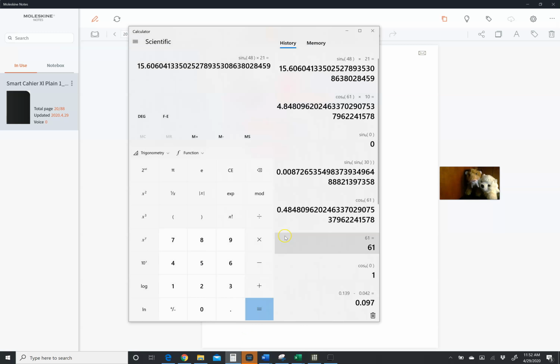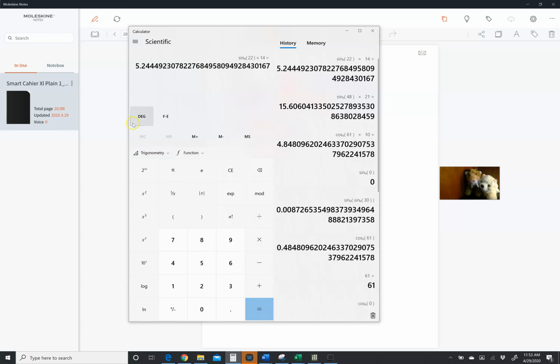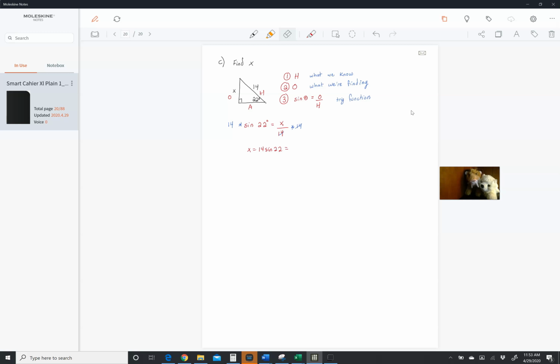And if we plug this in, I always do the sine first. It doesn't matter. It just makes it so that I know I didn't mess up any sort of parentheses. And we get 5.24. Notice the next number is a 4, so we don't increase that number. We leave it as it is. So this is 5.24, and it should be less than 14, right? If you're getting a number that's greater than 14, you did something wrong, because 14 is your hypotenuse.